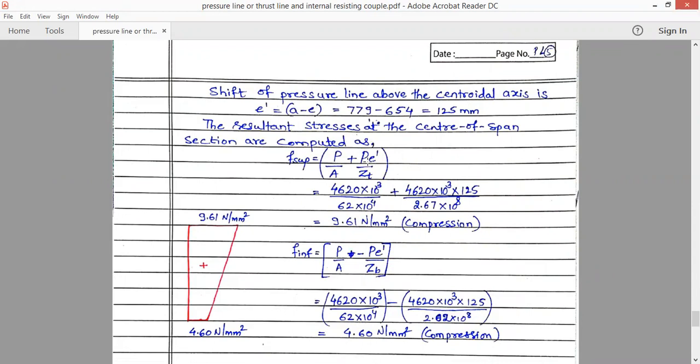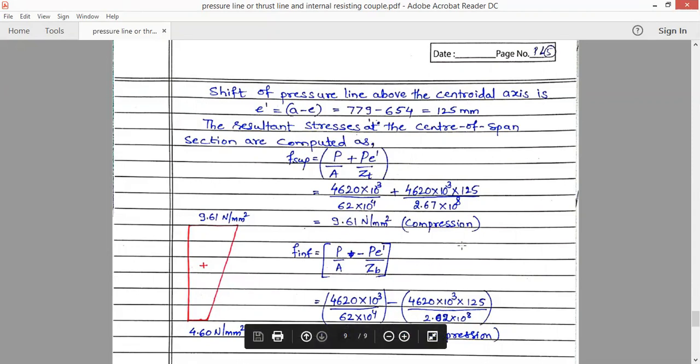But when I am considering the C line, P line method, for the FT calculation it will be plus P E dash divided by Z, and for the bottom fibers it is minus P E dash by ZB. Hence we will have the similar values.